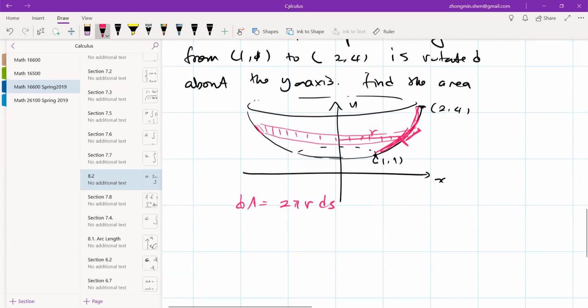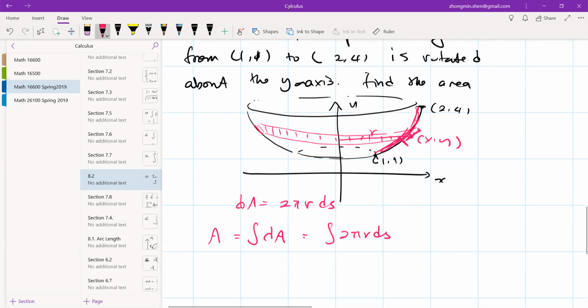So for an arbitrary point here, x and y, right? You have to learn this idea, otherwise you're not going to make it. Okay, you cannot set up the integral by guessing. But you have to understand how you set up the integral. Okay, so the area is the integral of dx, okay, which is going to be 2 pi r ds. Okay, that's the original formula.